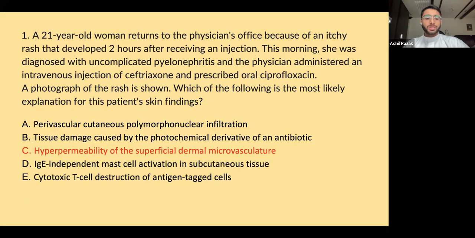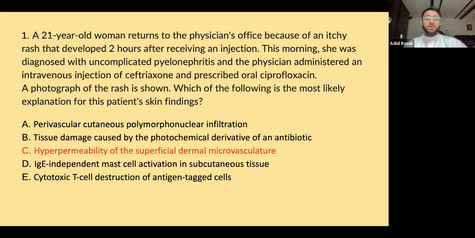All right. So as you can see, the answer is C, and that is hyperpermeability of superficial dermal microvasculature. But can anyone explain to me what exactly happened here? So what is the issue with this patient? All right. So it's pretty much a case of urticaria or an allergic reaction.